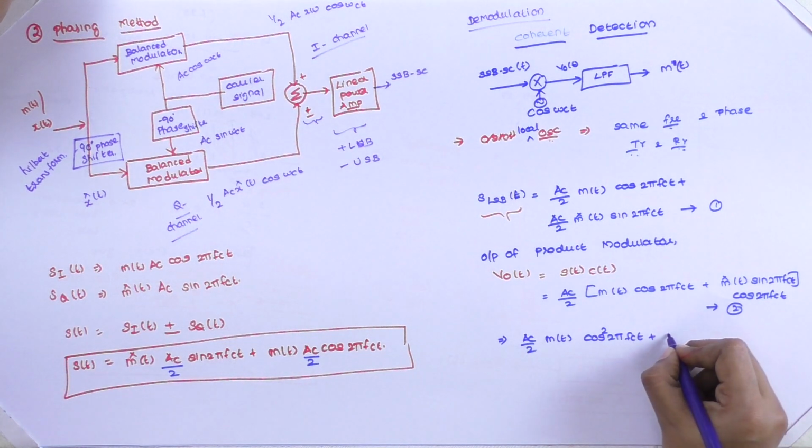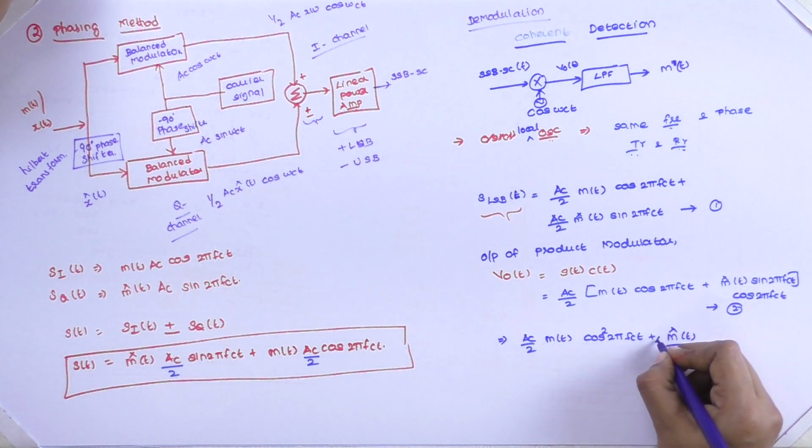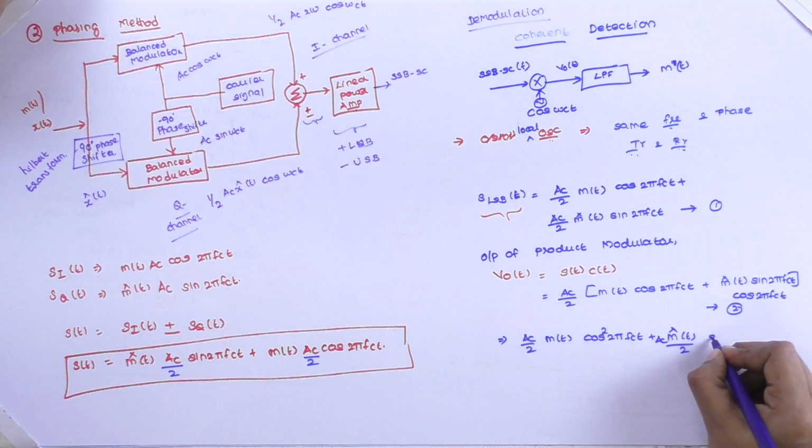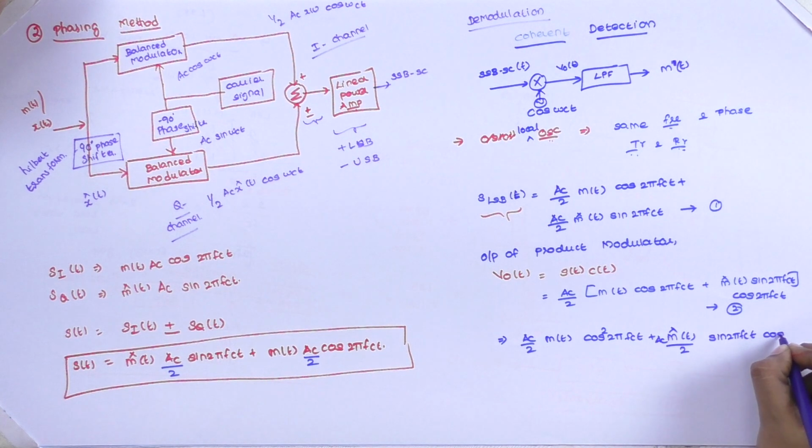With the help of trigonometric identity formulas, we are going to substitute. Therefore Ac by 2 into m cap of t sin 2 pi fct into cos 2 pi fct.